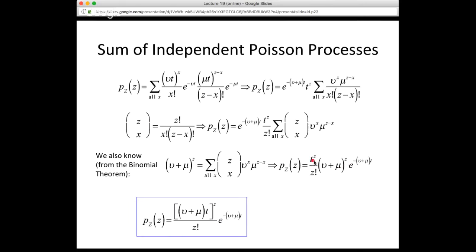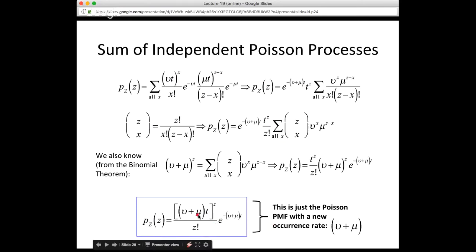And if I just do a little bit of rearranging, I get this result. This is a nice way to present the PMF for z, because you will probably recognize it as the Poisson PMF with a new occurrence rate, which is nu plus mu. So it's exactly the PMF for the Poisson distribution, but our occurrence rate here is nu plus mu, which is kind of cool. I want to say a couple of things.